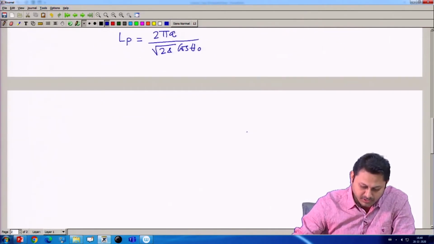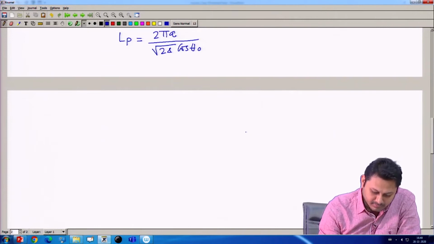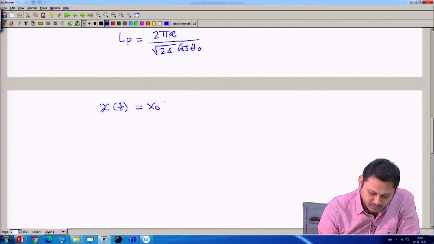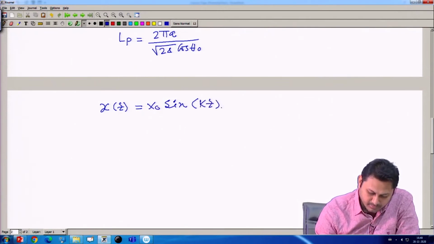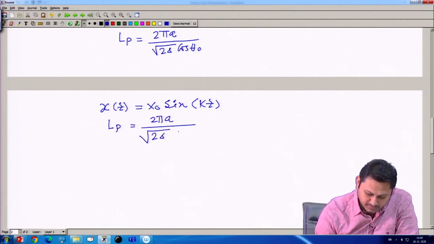So my amplitude, let me write once again: x, which is a function of z, was x 0 sine of k z, and my LP was 2 pi a divided by root over of 2 delta cos of theta 0.